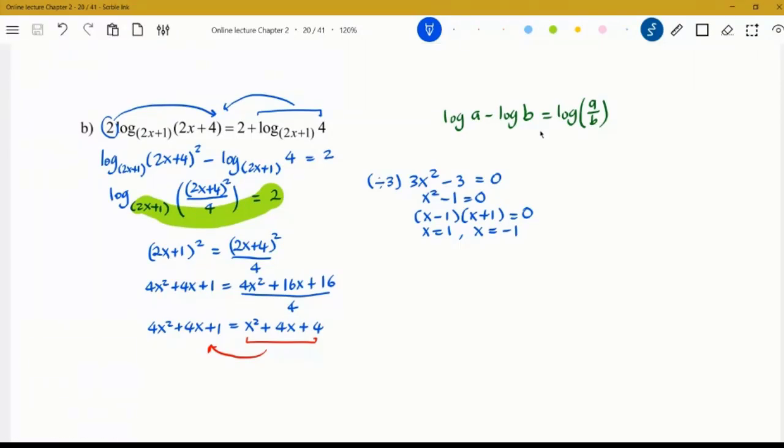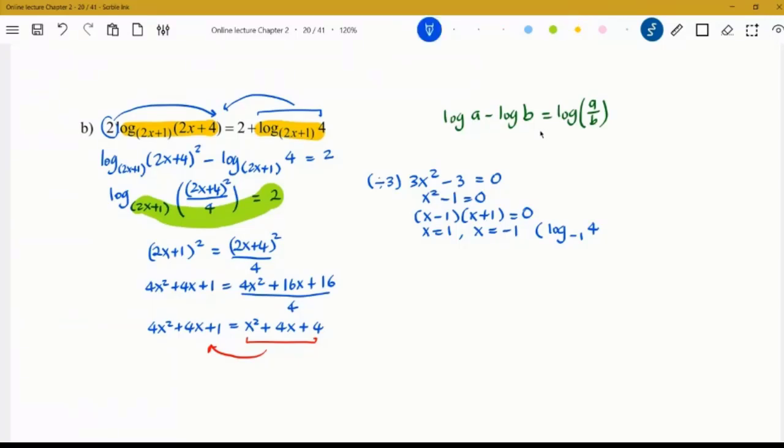So we have to recheck, which is we substitute the negative value into the log. So kalau kita masukkan, kita akan dapat log negative 1, 4. So either you want to substitute here ataupun here, that's fine. Tapi saya ambil yang ini. Ni lagi senang sebab kita terus dapat 4 dekat sini.